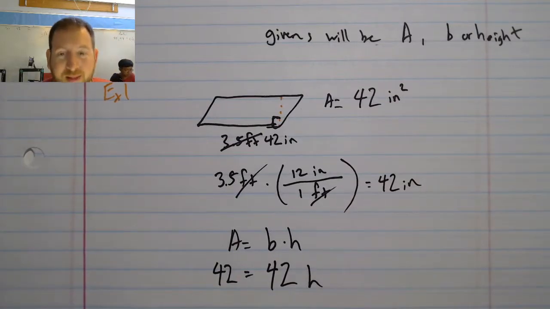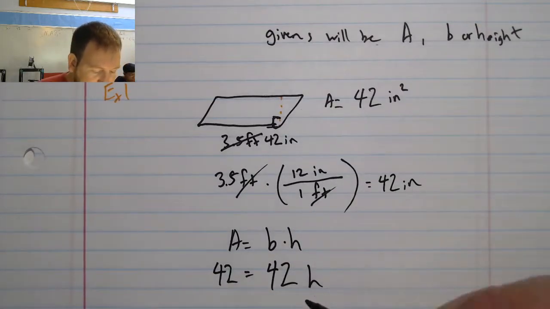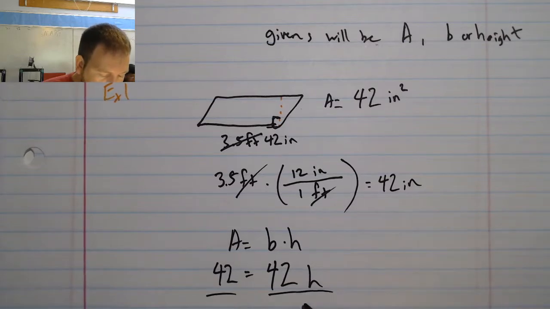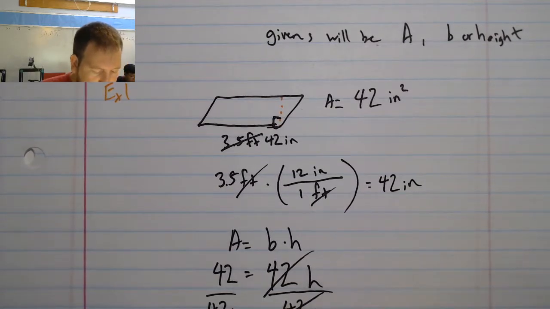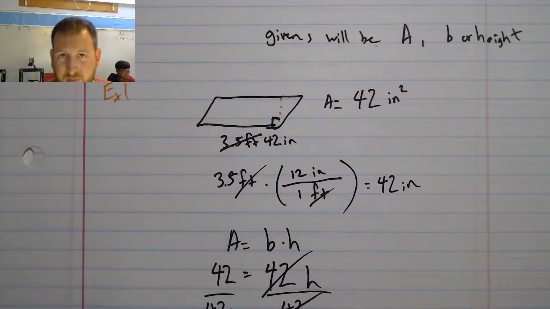Well, in this case, I think it's going to be pretty easy because I can tell that my height here is just going to be 1 because it's the only thing that I can multiply 42 by and get 42. But in my algebra method, I will still go through and divide both sides by 42 to get rid of this 42. 42 divided by 42 is 1, and I can see that my height is 1 inch. So it's a very, very thin little banner that goes pretty far to get the total square area. Kind of an interesting problem, but there we go.